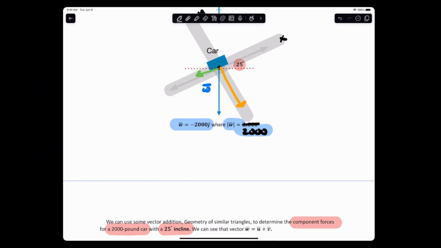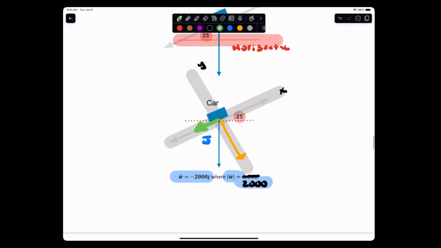And the green vector really looks like this. It's going along this axis here, okay? Because we can move our vectors freehand. And so isn't it true that the orange vector plus the green vector, isn't that the resultant vector W? And that's what I want you guys to see here, okay?